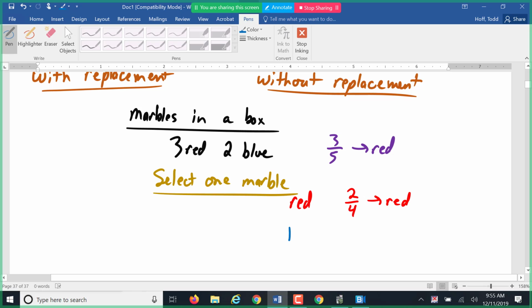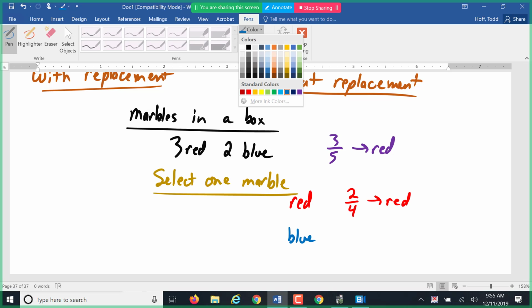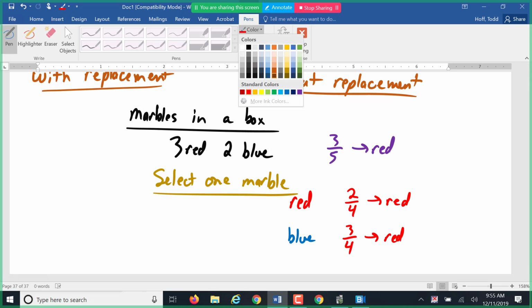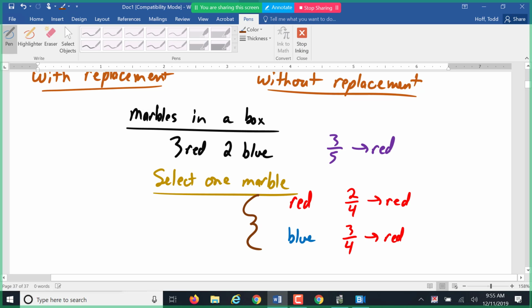If that first marble was blue, there's still 3 red marbles in the box, but we are still down to 4. So there's 3 out of 4 marbles that are left in the box are red. Still a drastic change from 3 to 5. This is what we refer to as without replacement. The same marble can't be repeated because once you draw it out, it's not reused.